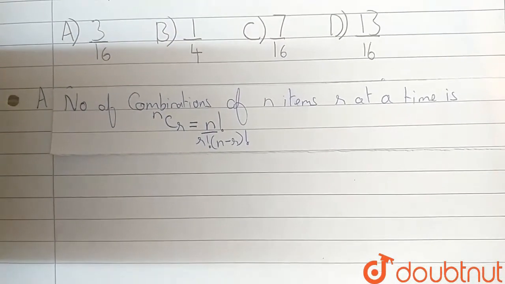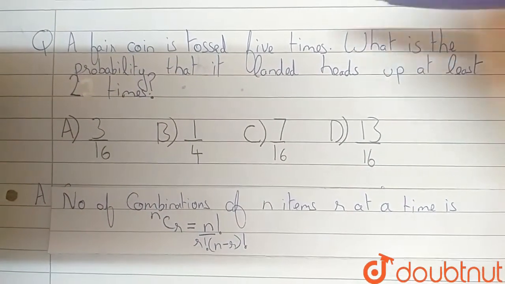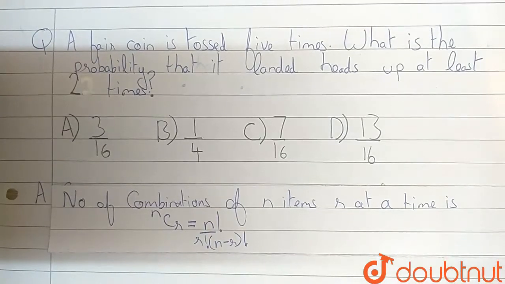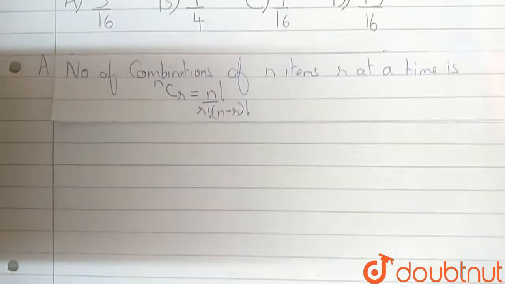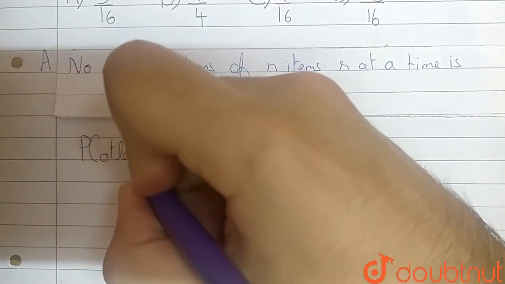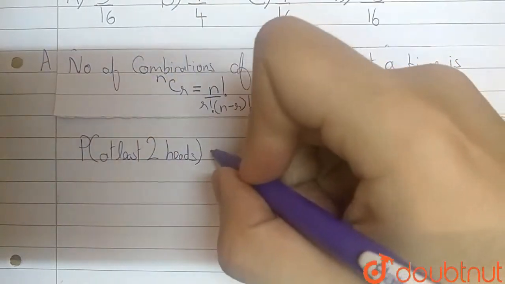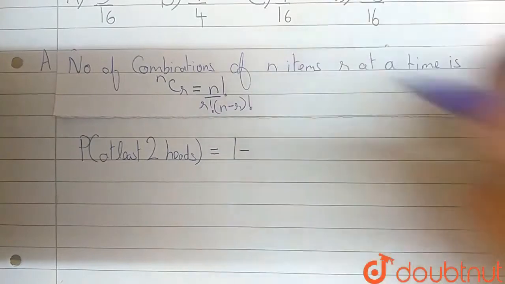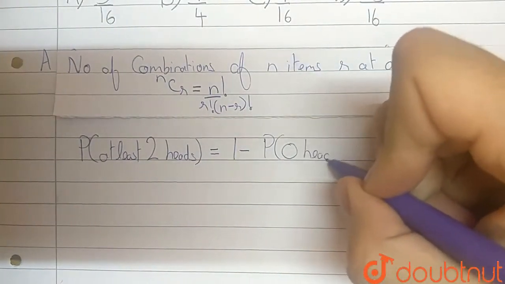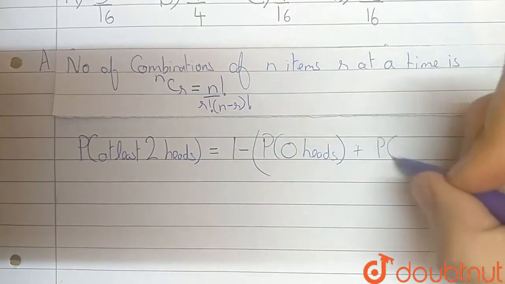Second, what we should know is that they have told us to find the probability that we get at least 2 heads. It lands up heads at least 2 times means at least 2 heads. So P of at least 2 heads is actually equal to 1 minus (P of 0 heads plus P of 1 head).